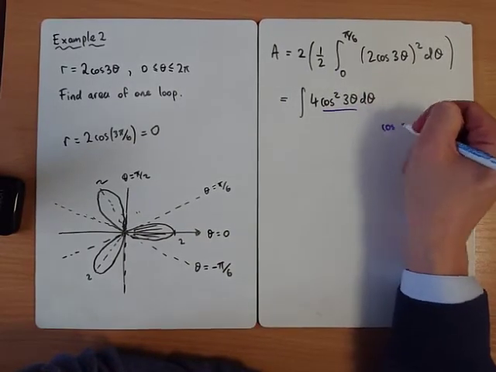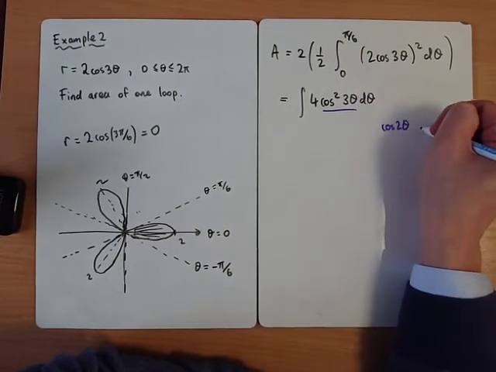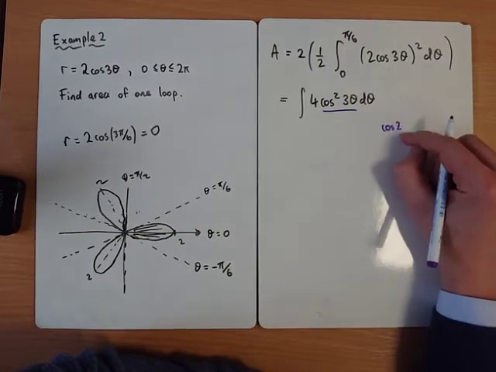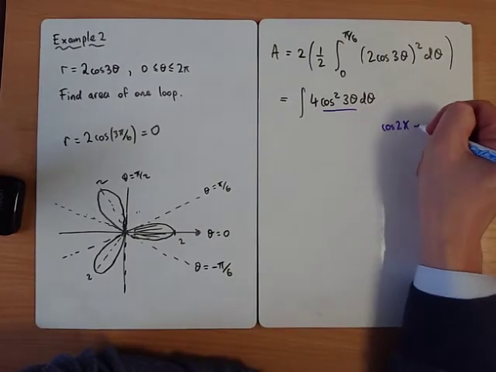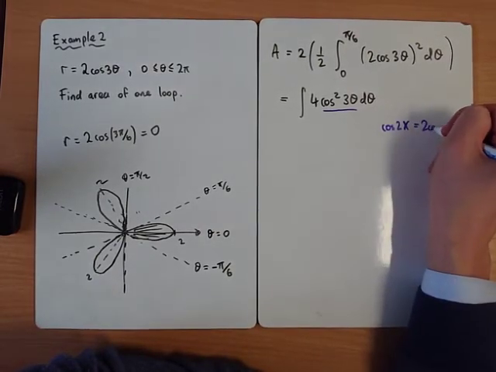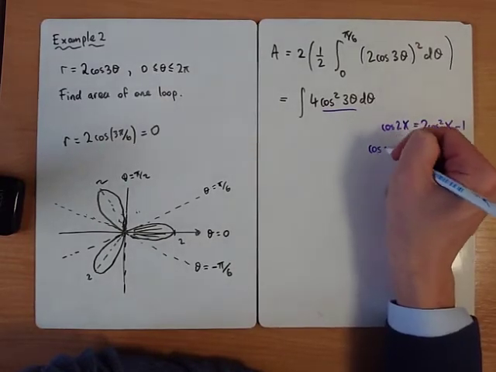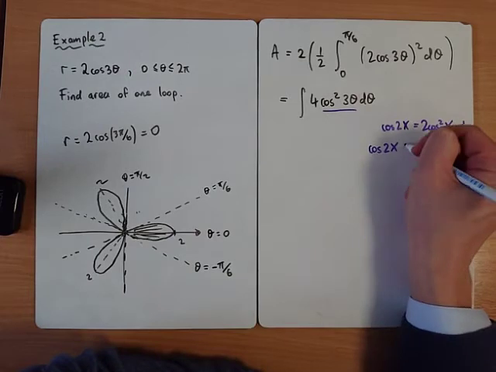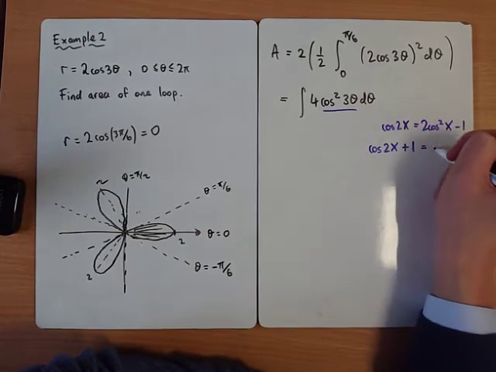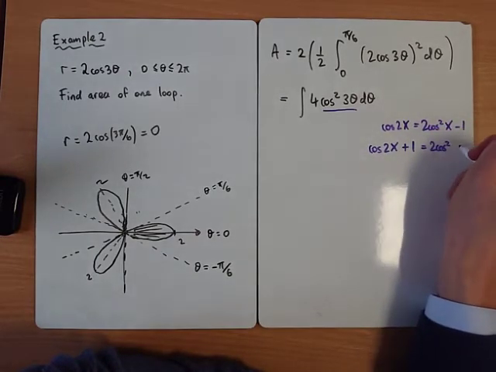Think about the double angle identity. I'm going to use x because there's a theta in the question. So cos 2x is equal to 2 cos squared x minus 1. So cos 2x plus 1 is equal to 2 cos squared x.